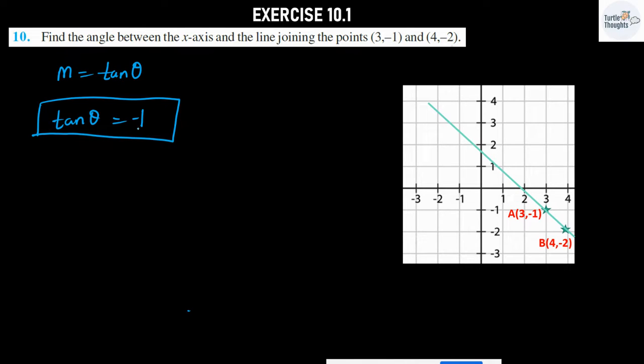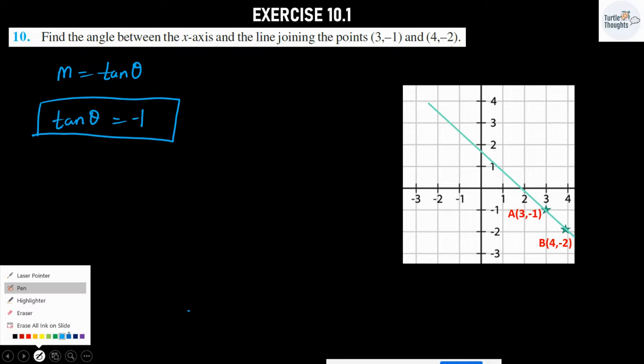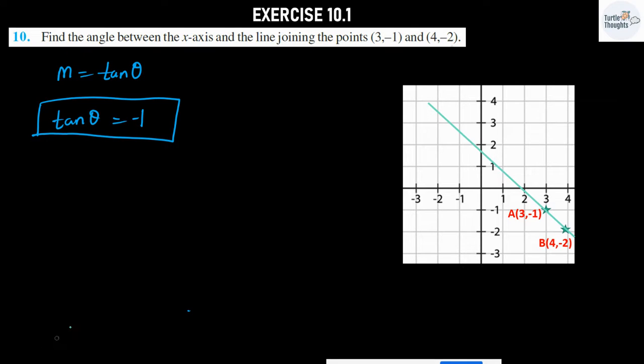Tan of angle is minus 1. What do you think will be the angle? Any idea? Okay. So let us assume tan theta is equal to 1. Now can you tell me what is the angle? Will it be 45 degree? Yes, it should be 45 degree.